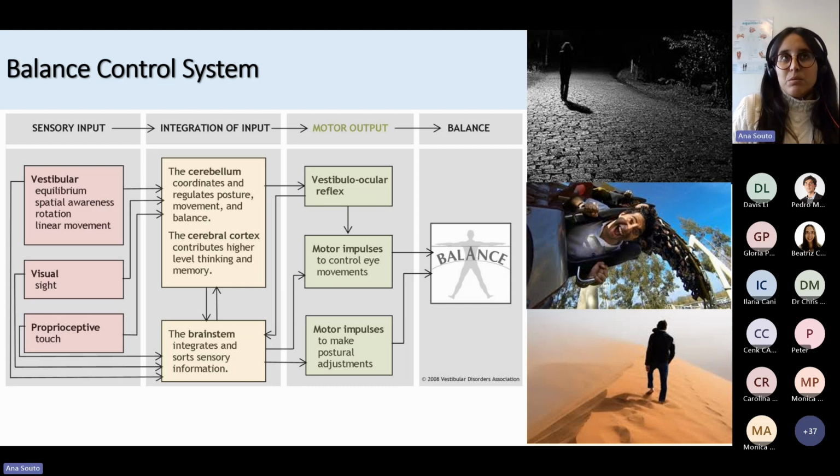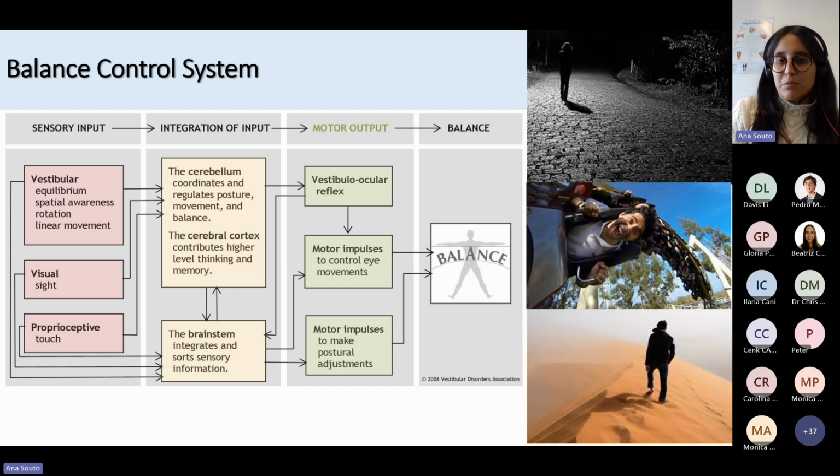So we know that when this person walks at night, this person will have difficulties to maintain balance, because this person doesn't have the integration of the somatosensory system.